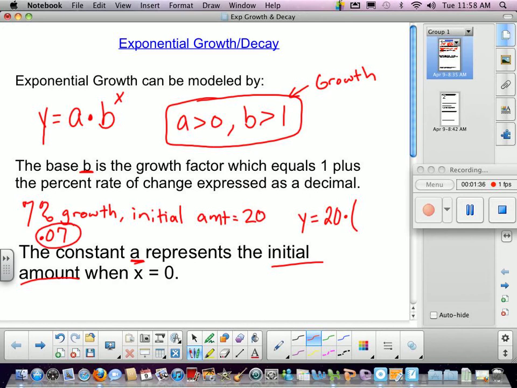So that would be 1.07 raised to the x power. Okay, so that's what it's talking about when it says 1 plus the percent rate of change expressed as a decimal. All right, let's take a look at a few examples here.